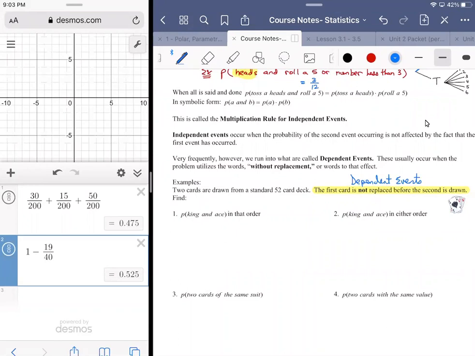So my probability of, let's say, getting a king is not going to be the same as it was before, because there's one less card overall to work with. It's the same idea as selecting somebody to be part of the recess kickball team. There were 12 people. One of them got selected. Now there's only 11. So I have a 1 in 11 chance, a 1 in 10 chance, a 1 in 9 chance, 1 in 8 chance. The probability changes every time a selection is made. That makes it dependent events.